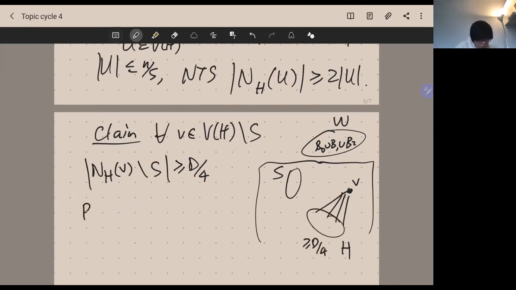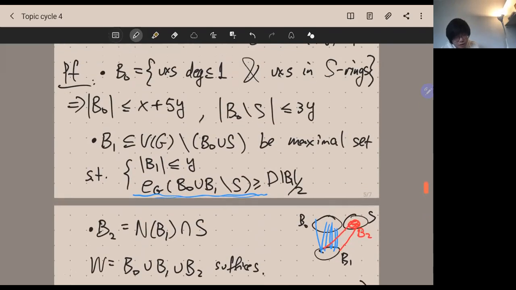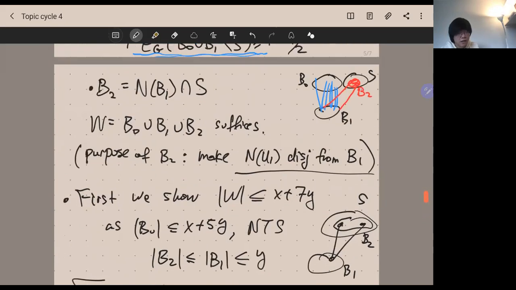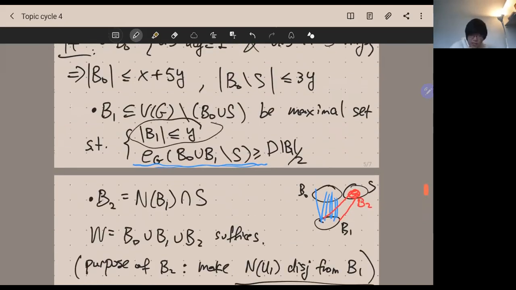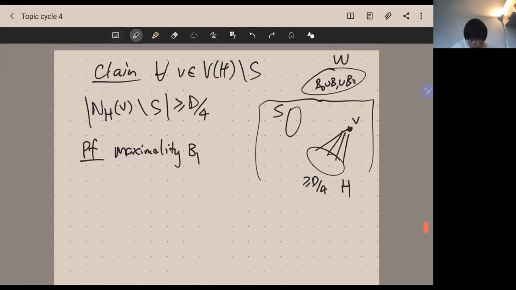I will not give the rigorous proof, basically by maximality of B1. Because if it sends too few neighbors out of S, it could have been added to B1, right? Added to B1 to maintain this property. Because by previous claim, we know B1 is strictly less than Y. So we are allowed to add one more to maintain these. This is why I proved that it's strictly less. It's a two-line proof, but let me skip it. This will be used later.